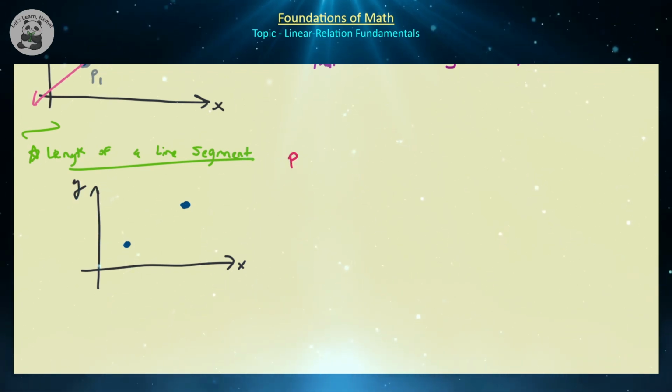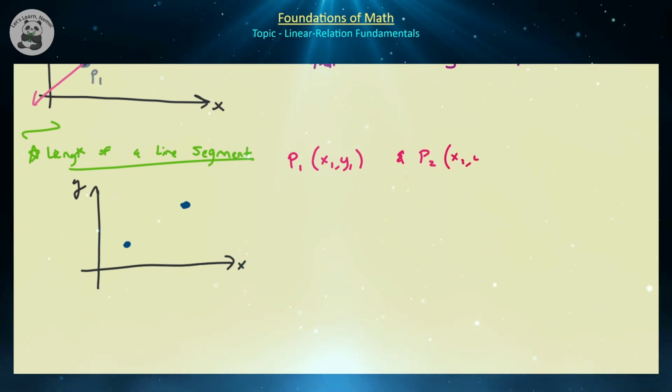Let's assume that point 1 has the x and y values x1 and y1, and that P2 has the x and y values x2 and y2. Here x1, y1, x2, y2 are all real numbers, let's assume. So there exists some position on the x-axis for x1 and x2, and on the y-axis for y1 and y2.